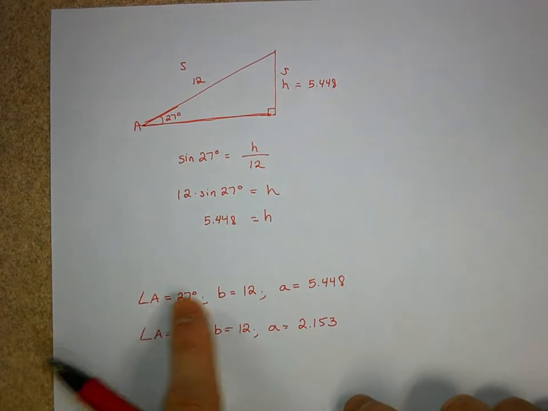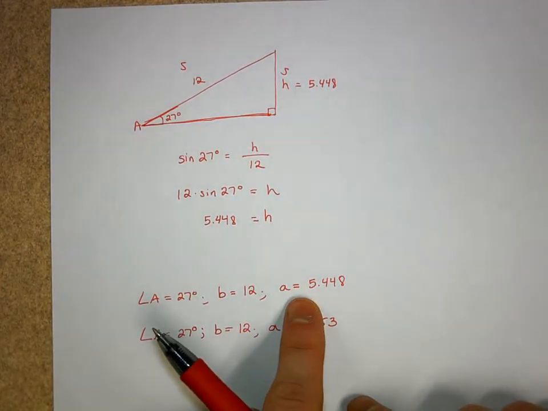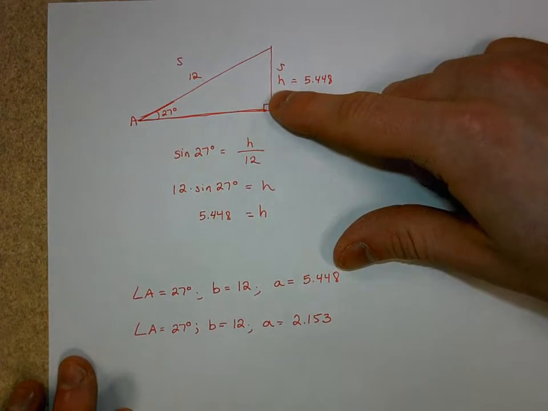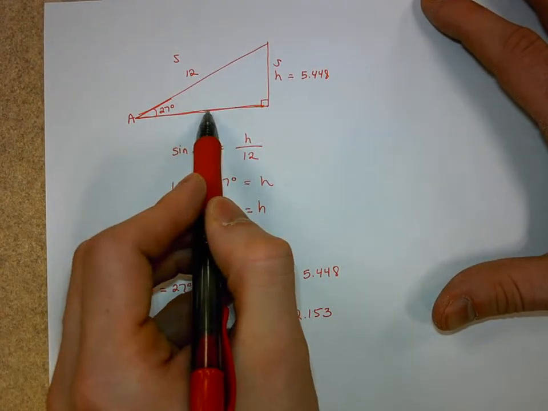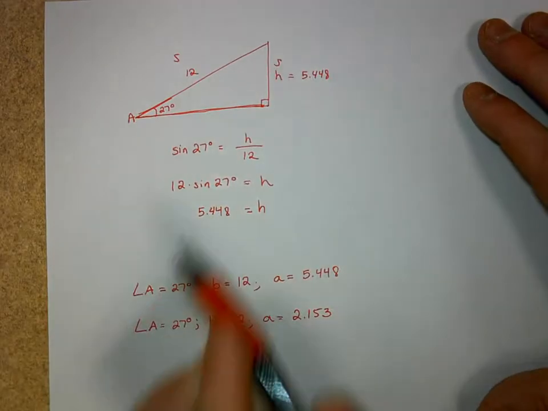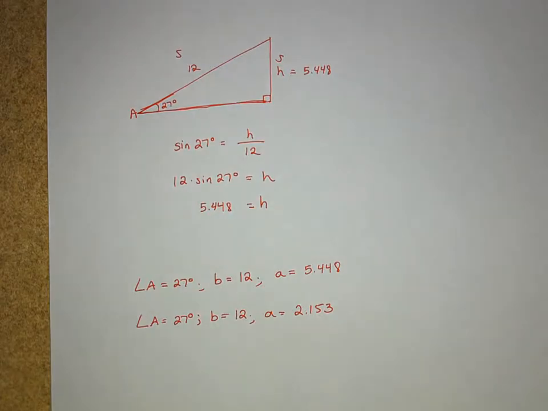If I were to say angle A is 27, side B is 12, and side A was 7, would that work for a triangle? You'd say, yeah, it would work. It wouldn't be a straight line. If I had 7 units, I might have to come down over here more to fit a unit of 7 in, which gives me a slightly different looking triangle. Or maybe I come out this direction 7 units, but I could still make a triangle work.